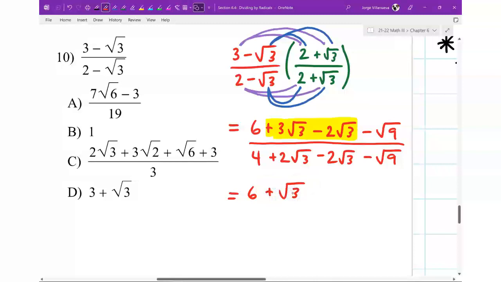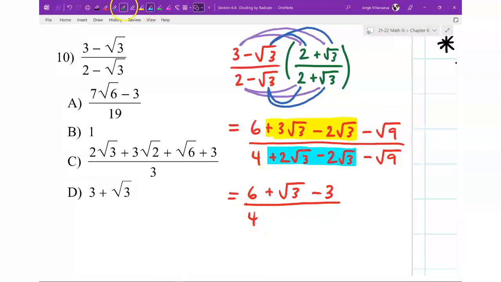And then minus what? 3, right? Yeah, because that's what the square root of 9 is. All right. Now let's do the bottom. 4. 2 radical 3 minus 2 radical 3. What is that? What happens there? It cancels out. Thank you. That goes away.